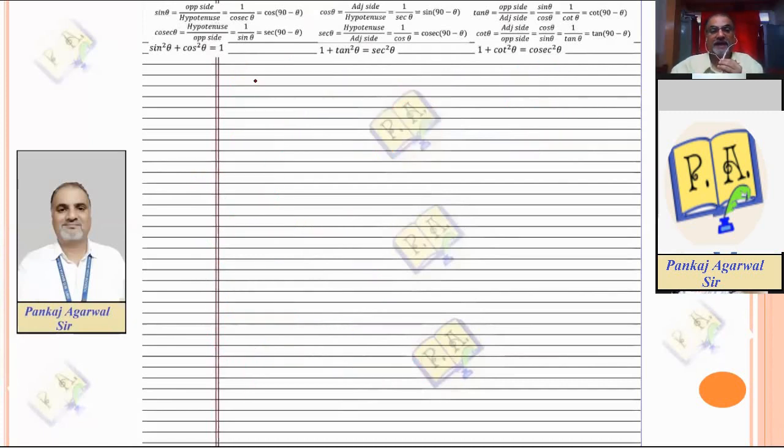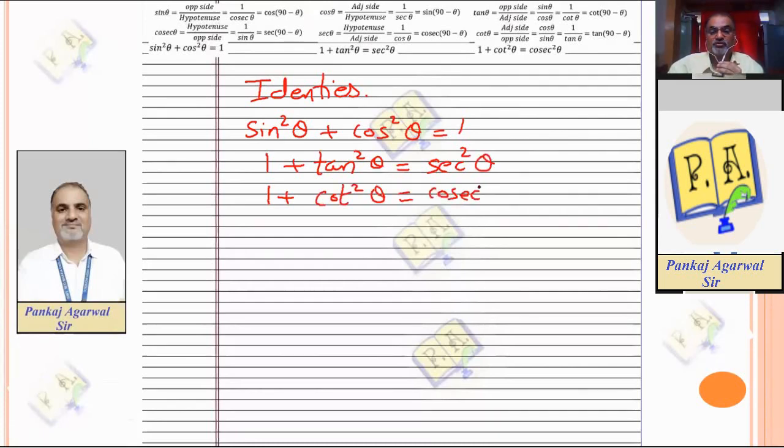Also yesterday we studied 3 identities. They are sin square theta plus cos square theta equal to 1, 1 plus tan square theta is equal to sec square theta, 1 plus cot square theta equal to cosec square theta. You have also studied the table of 0 degree, 30 degree, 45 degree, 60 degree, 90 degree for sin theta, cos theta, tan theta.